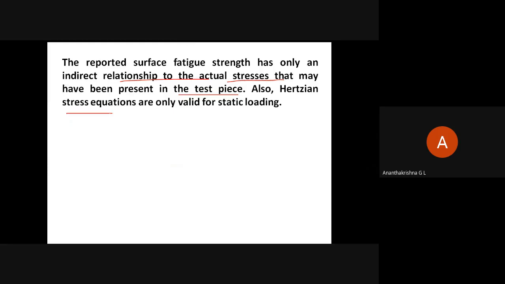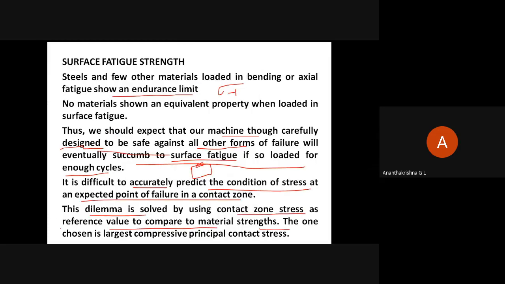Hertzian stress equations are only valid for static loading. That is, essentially, we are going to have a reference value and compare it with material strength.